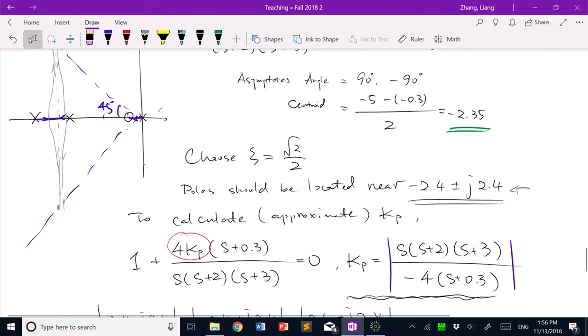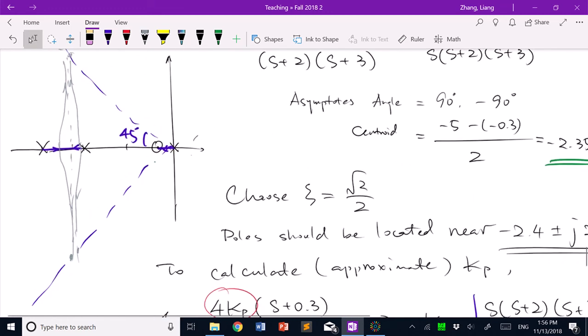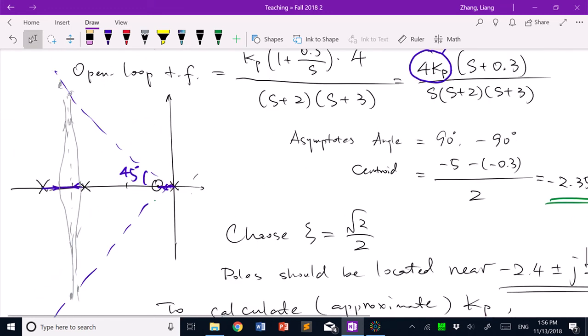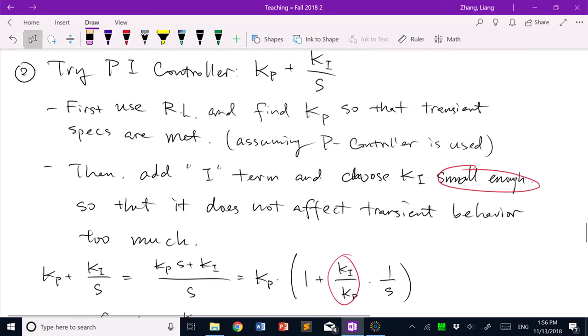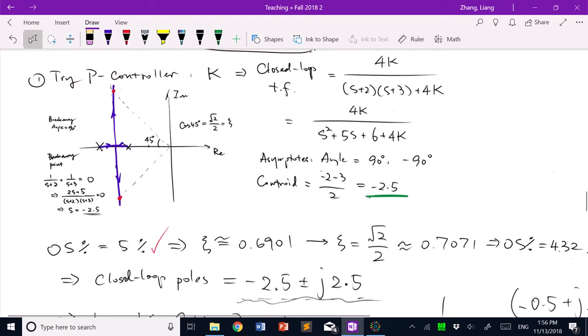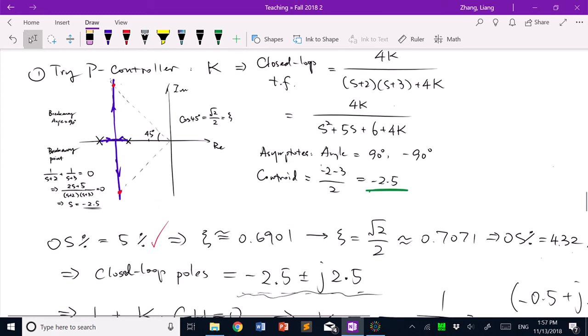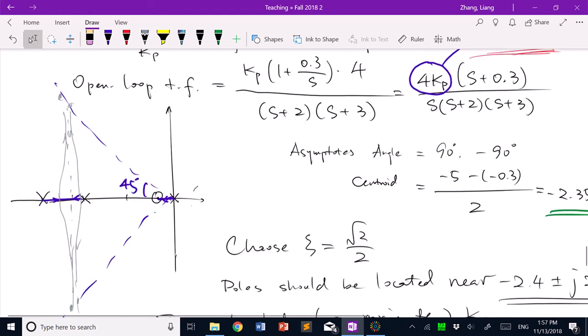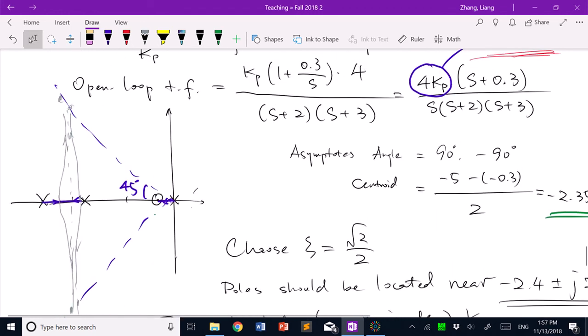So this is one. And if you compare what we have in the previous case, you can see adding this additional pole and zero actually bends the root locus a little bit, compared to the P controller. And the way to minimize that is to keep this pole and zero as close as possible to each other.